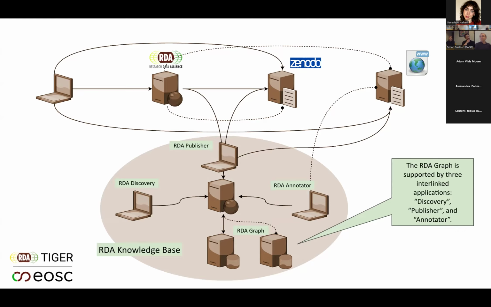The RDA discovery, which is used to browse and search the database. The publisher, which is used to publish new outputs using RDA vocabulary. And then finally, the annotator, which is used to annotate web-based materials using RDA vocabulary.